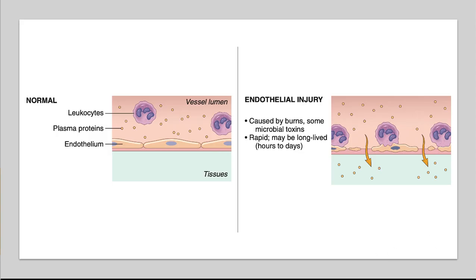Endothelial injury results in endothelial cell necrosis and detachment. Direct damage to the endothelium is encountered in severe injuries, for example in burns, or is induced by the actions of microbes and microbial toxins that target endothelial cells.